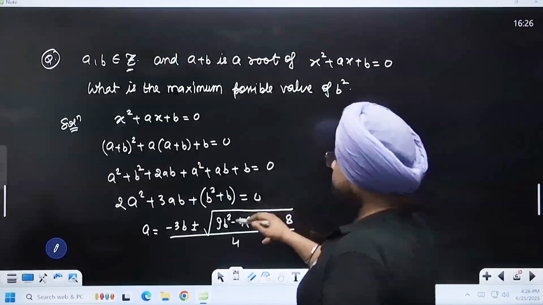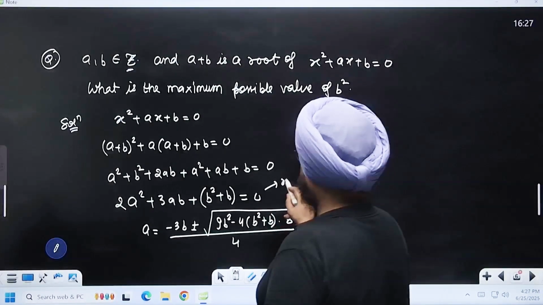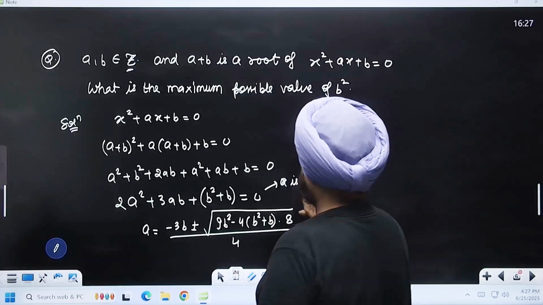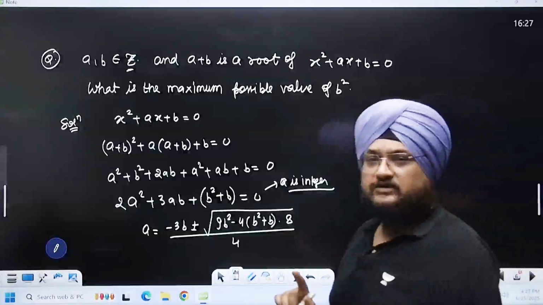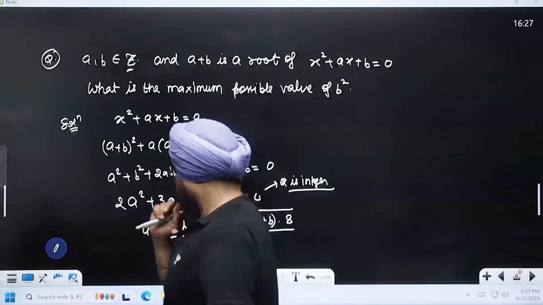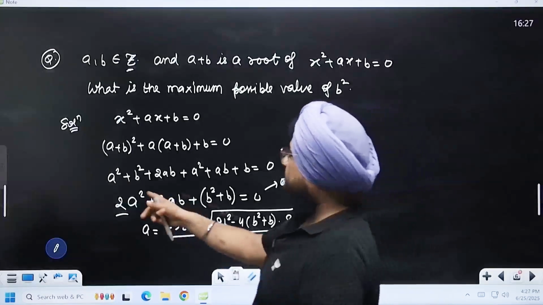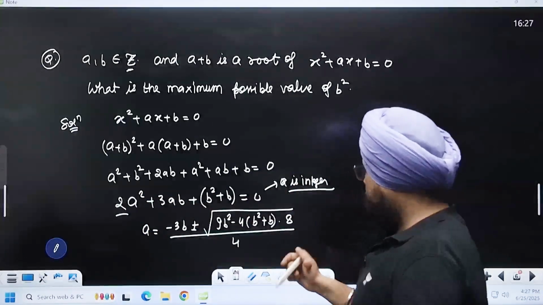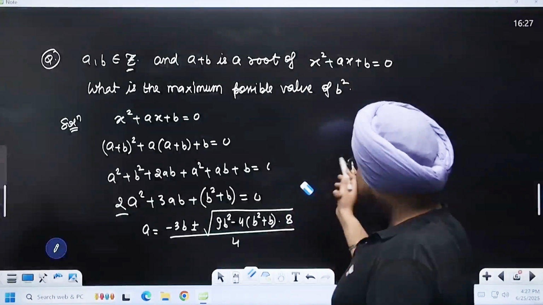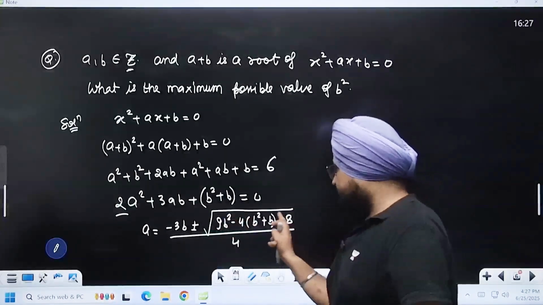See, we could also do that, the roots are integers, and we have seen the condition of integral roots, but in that the coefficient of a square is 1. We could divide this equation by 2 and make D a perfect square, or we will check after we make this a perfect square.